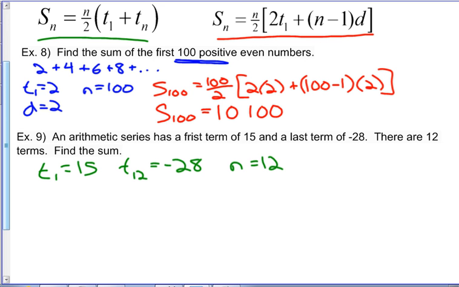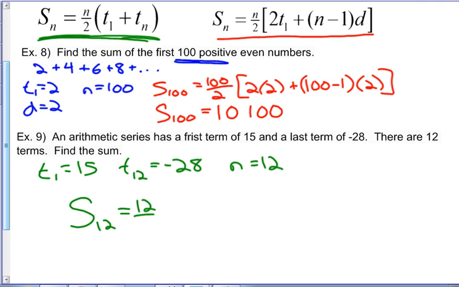So let's take a look at our two formulas up top, green or red. Well, here we know T1 and Tn. We must use the green one. We could use the red one, but we'd have to go and find D. It would be more cumbersome. Okay, so in this case, we're looking for S12, the sum of the first 12 numbers. I'm just subbing them into this formula up here.